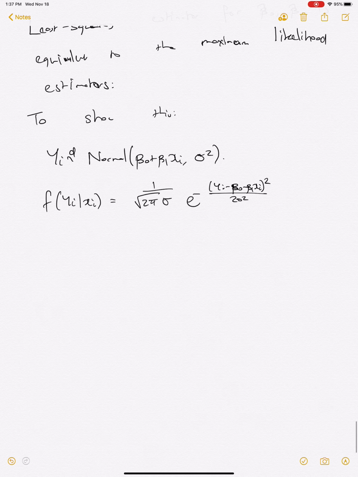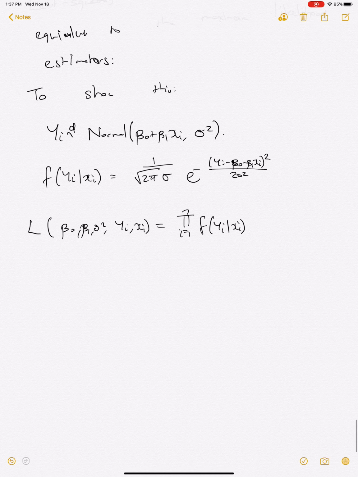And if you look at the likelihood of beta 0, beta 1, sigma squared given yi, xi, that's going to be the product of these PDFs, and then I'm going to write x here to be the exponential.